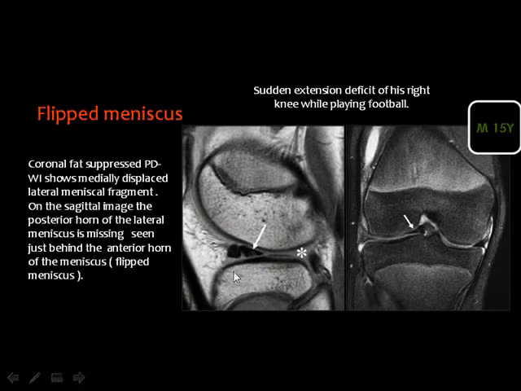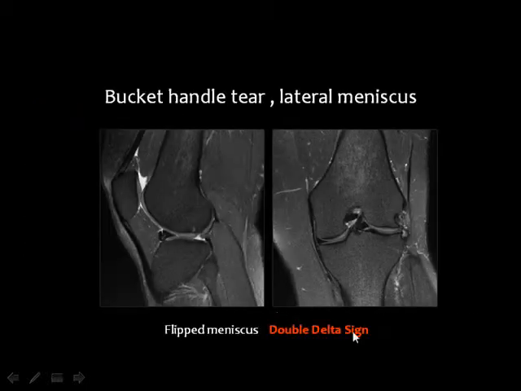Look at this. The posterior horn is not present in its location, but it is present anteriorly. Then if you see both horns in the anterior aspect of the knee, you know that this is bucket handle tear of the lateral meniscus. Another example.